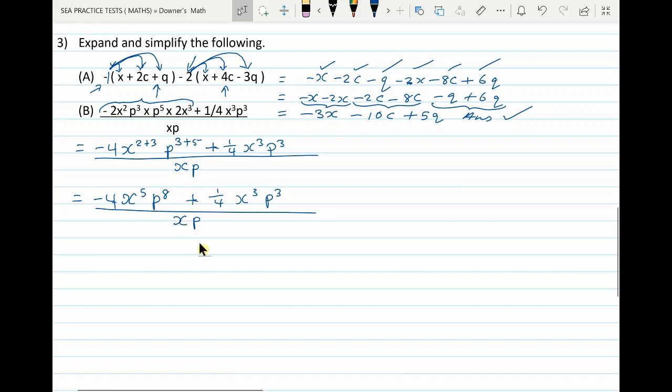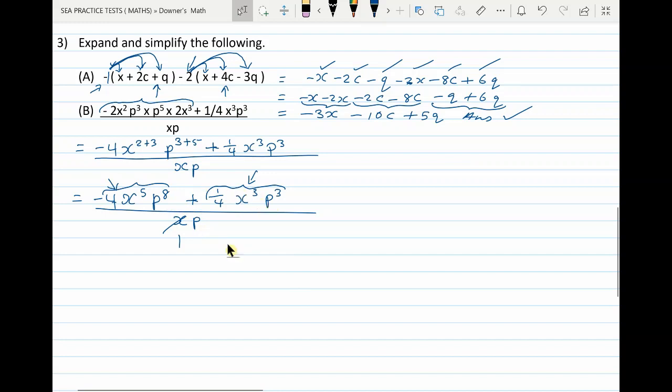Now, the thing about it is, when you divide or you cancel here with x, both here and here, because these terms here are separated by a plus sign, the x has to divide into each one of them, here and here. Similarly, the p would have to divide, after we cancel it here, it'll have to divide here and here.